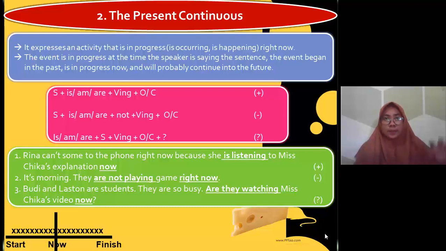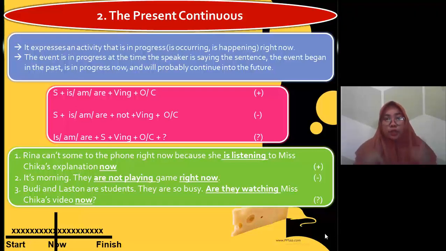If I say I'm explaining the present continuous tense now, explaining comes from the verb explain plus ing. I am explaining the present continuous tense right now. That's an example of the present continuous tense, because here I show that my activity is happening right now.